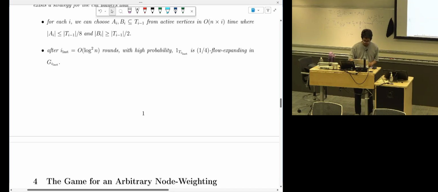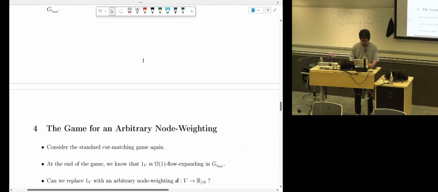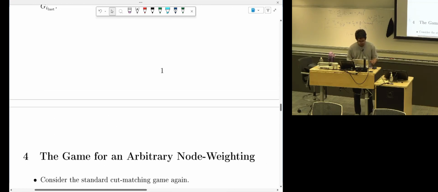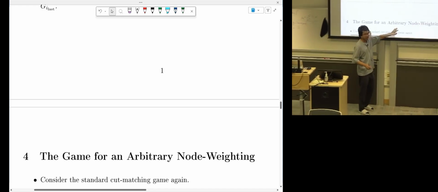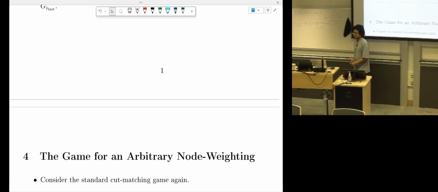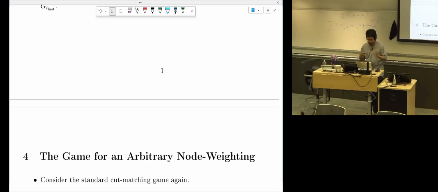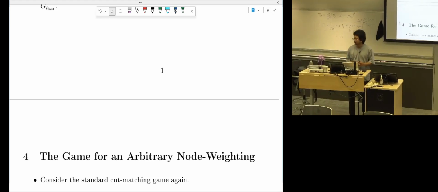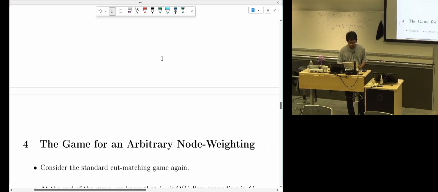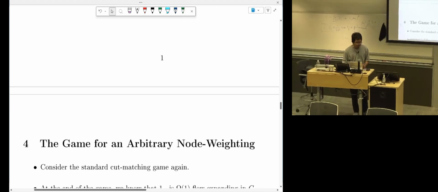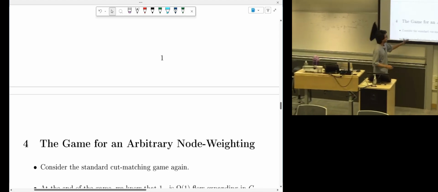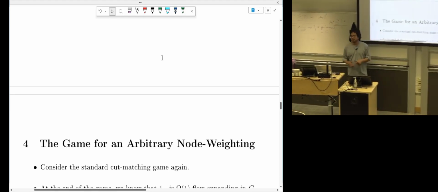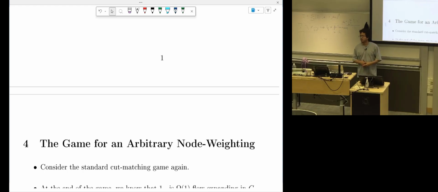Good. So next, I'm gonna look at the game for arbitrary node weighting. Just kind of to repeat, but slowly. Let's consider the standard cut matching game again, when there is no deletion, no transferring vector.